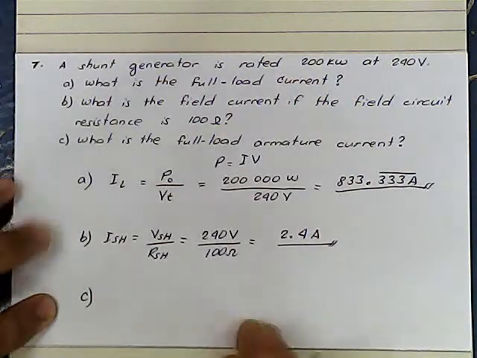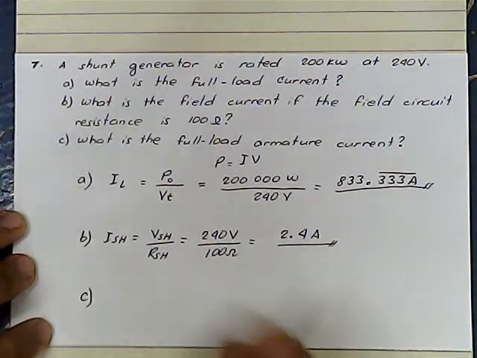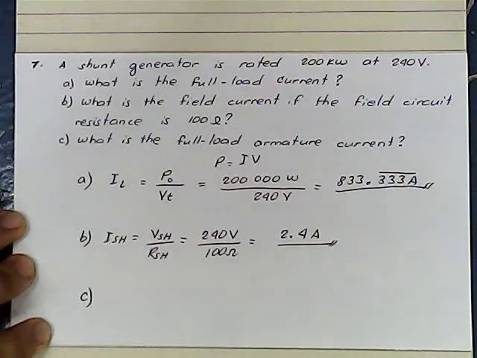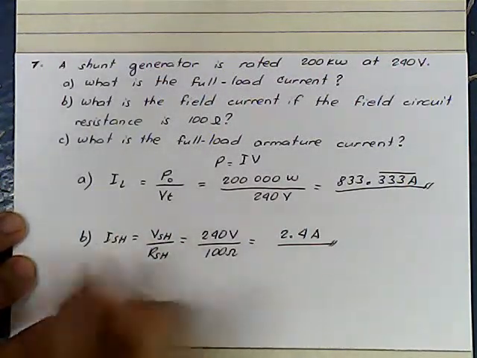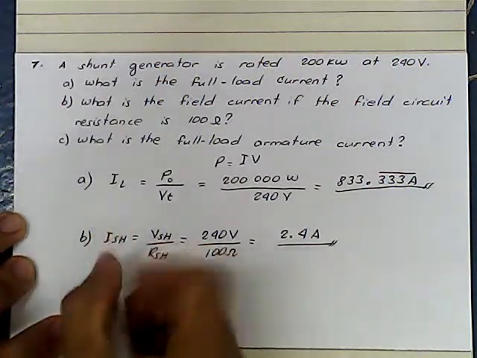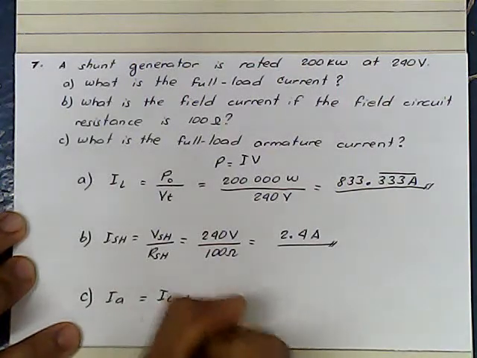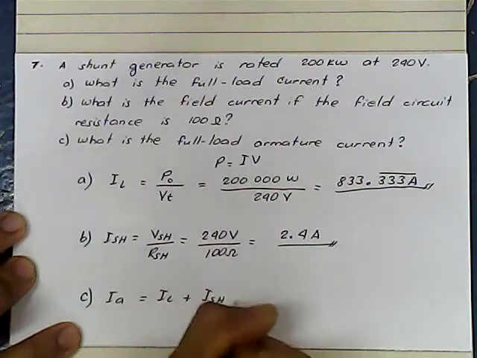Now, let's go to letter C. What we are looking for is the full load armature current. So, the full load armature current IA is equal to IL plus ISH.